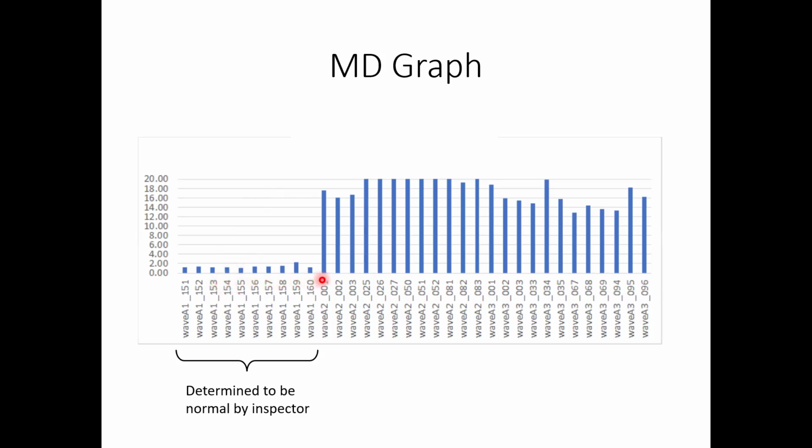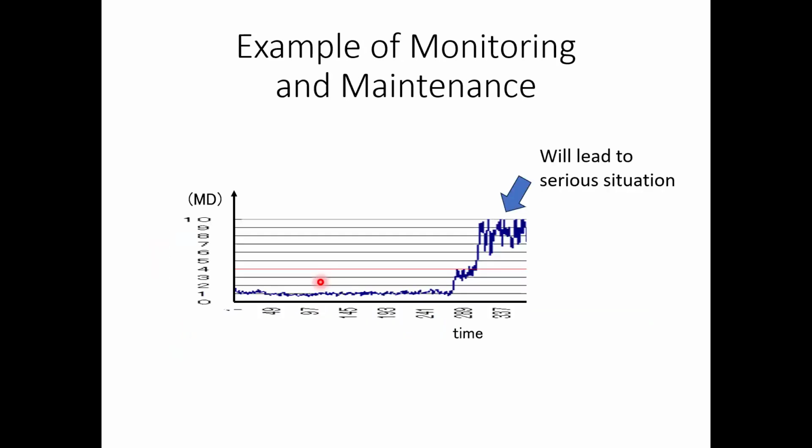From the 11th, they are abnormal and consistent with the inspector's judgment. Thus, it was found that anomalies can be detected from the motor current waveform.